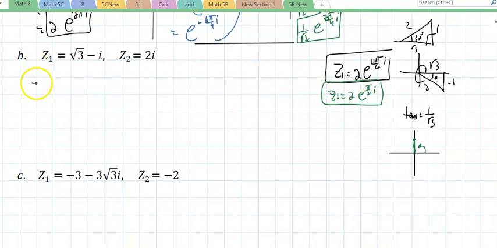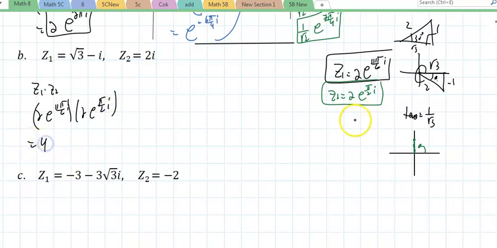So now if we say what is z1 times z2, you'll say, well, okay, that's 2 e to the 11 pi over 6i times 2 e to the pi over 2i. That is 4 e to the... what is 11 pi over 6 plus pi over 2?